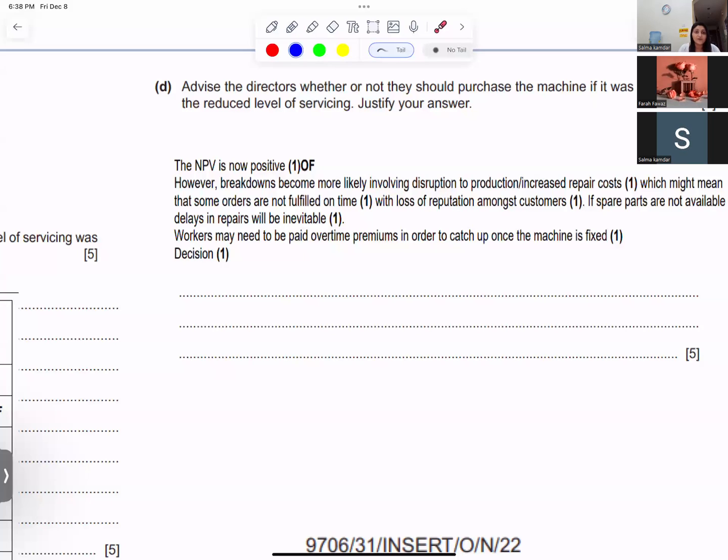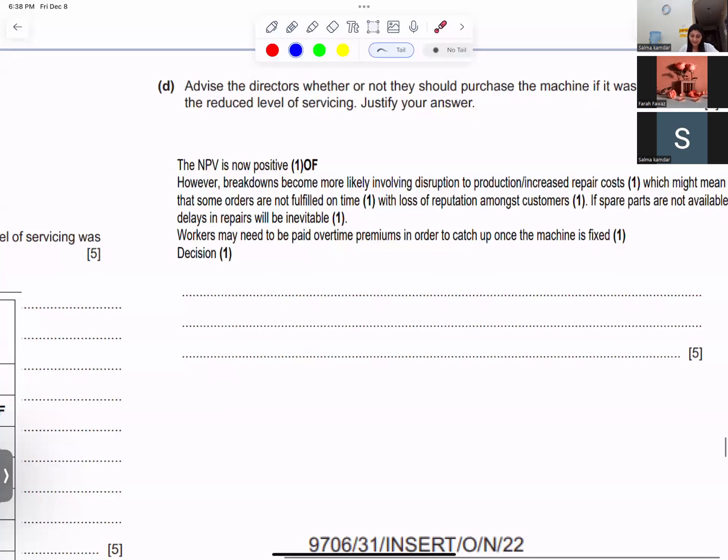However, if you take the non-financial factors into consideration, you should not consider buying the machinery. Okay? Can I move ahead? Yes. Come on, read ahead.